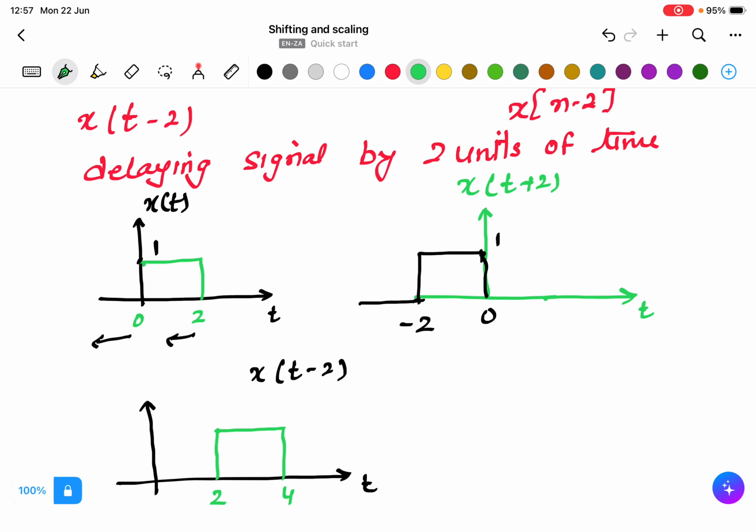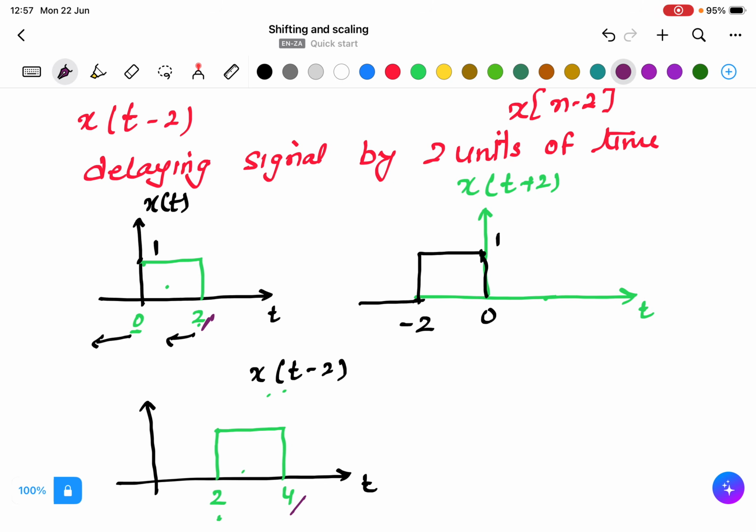So I'm delaying this signal by a value equal to 2, and now 0 will move to 2, and 2 will move to 4. Whatever was present in the signal at time t equals 0 will now be present at time t equals 2. Similarly, whatever is present between 0 and 2 is shifted between 2 and 4, and whatever value the signal has at time t equals 2, the signal will have at time t equals 4.